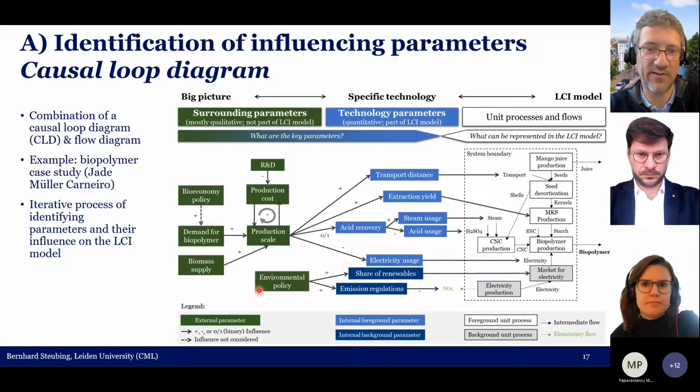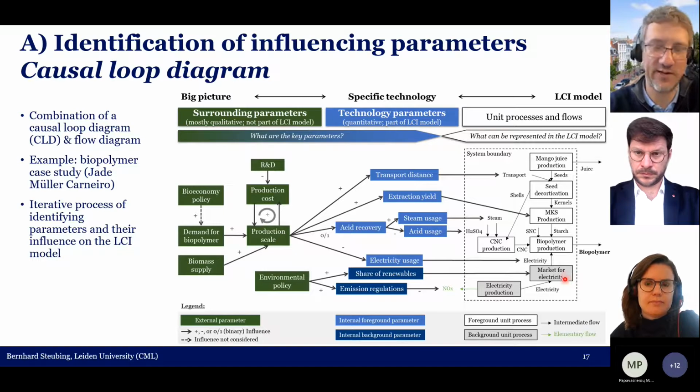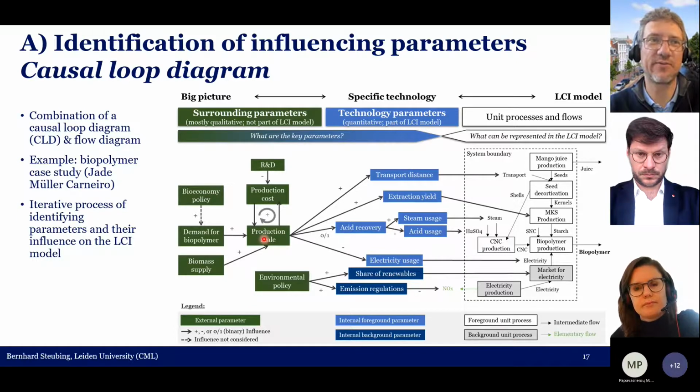So we could also say environmental policy perhaps influences the share of renewables, and that will affect how the market for electricity will look like. So this is an iterative process, and it often starts out in a very complex way, and then over the iterations this should get simpler as one eliminates parameters that are maybe not of such great importance.